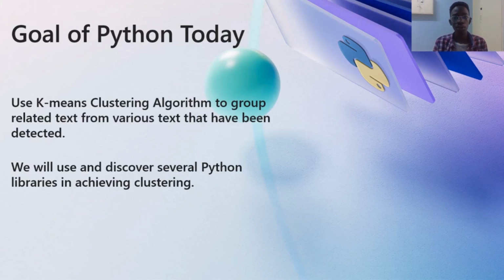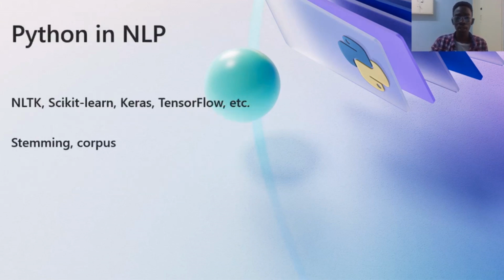NLTK, we've not talked about NLTK, but you'll see how to use NLTK today. These libraries will help us perform stemming and build a corpus. This comes from the needed vocabularies that we have and the root words that are created during NLP processes.